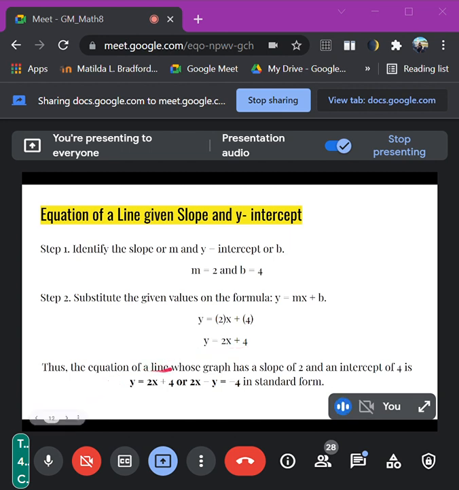So meaning to say, the equation of the line whose graph has a slope of 2 and intercept of 4 is y is equals to 2x plus 4, or 2x minus y is equals to negative 4 in standard form. This ends at step 2, class, since it is easy: the formula is identified as the slope-intercept form, and we only substitute b and m.